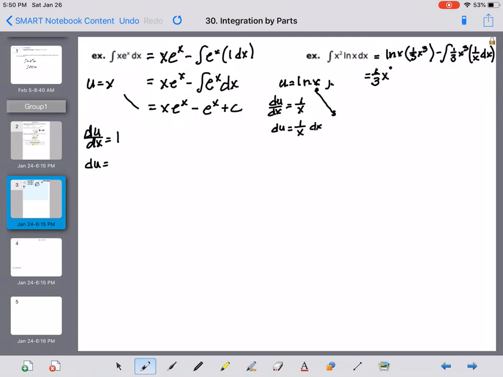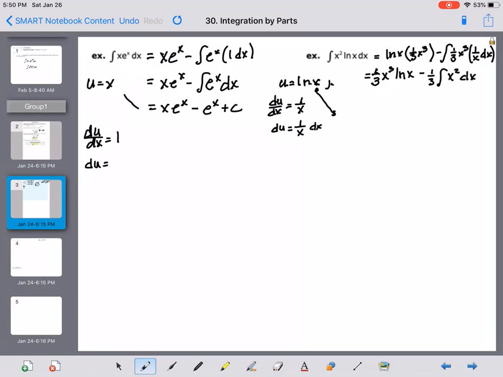So 1/3 x cubed, natural log of x, and that way we don't multiply that x cubed times that x in the natural log. And then here, I'm going to pull out the 1/3. It's a coefficient. Remember, we do that often. And then x cubed times 1/x is going to get us back to x squared dx.